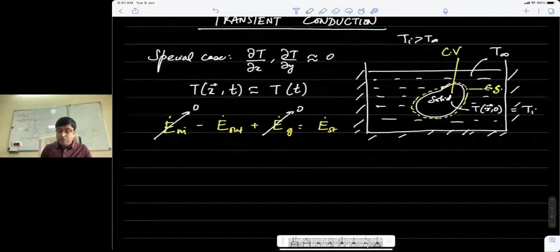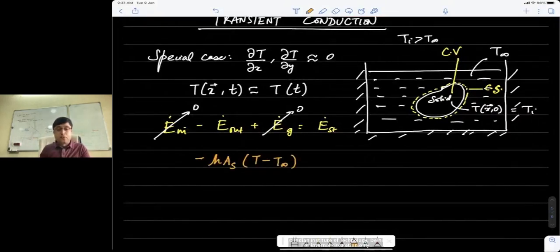What is E dot out? So considering that there's a fluid surrounding the solid, there must be heat exchange because of convection. So we can write E dot out to be h A_s, where A_s is the surface area of the solid, whatever shape it may be, times (T minus T infinity), from Newton's law of cooling.